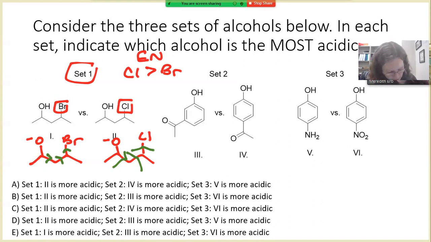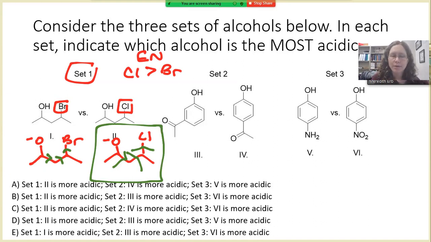So what does that mean? It means that this conjugate base is more stable. And so we have to think back to what that implies about the acid it came from. The more stable the conjugate base, the stronger the acid that it came from. So that means acid 2 is the stronger acid.